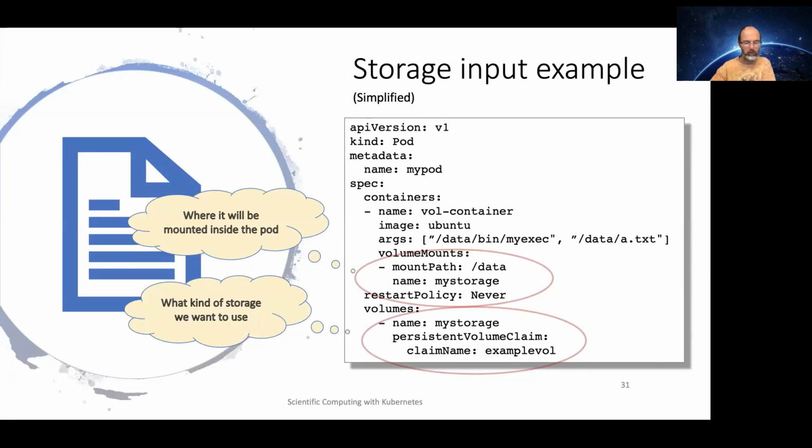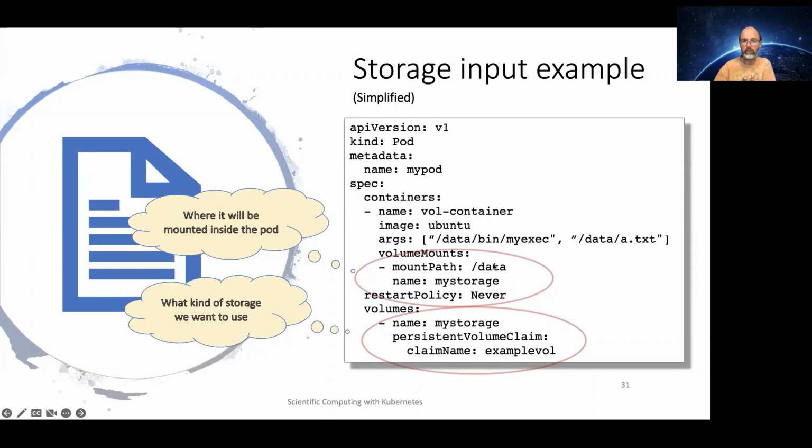And an example of storage. As you see, it's very similar to what you did in the config map. You tell Kubernetes where to get the storage from, and this is the persistent volume claim line. You tell it, get the PVC with this name and mount it at this location.